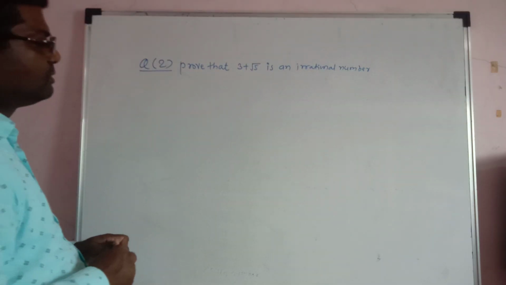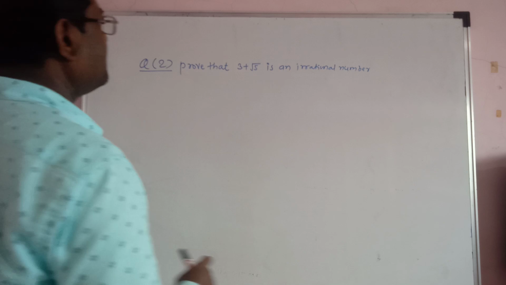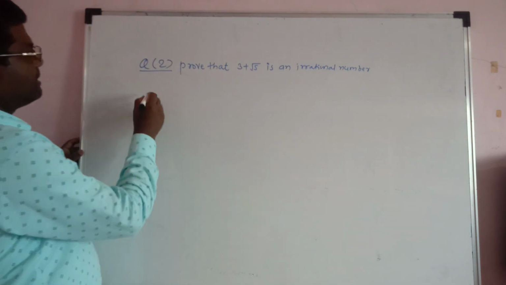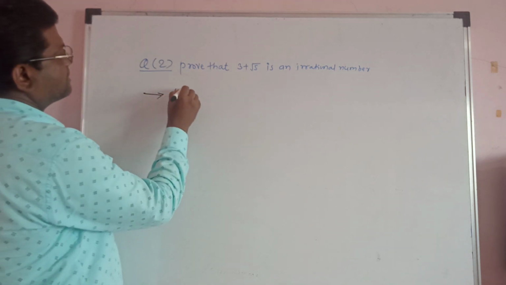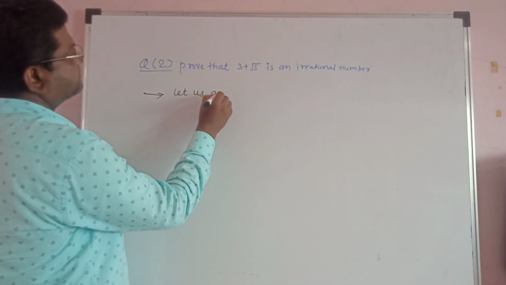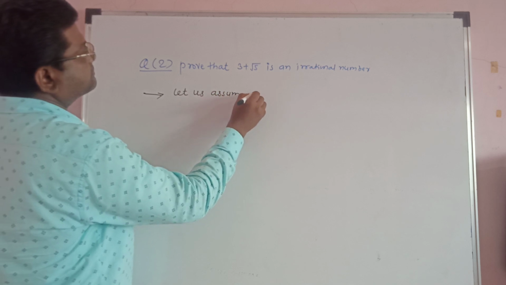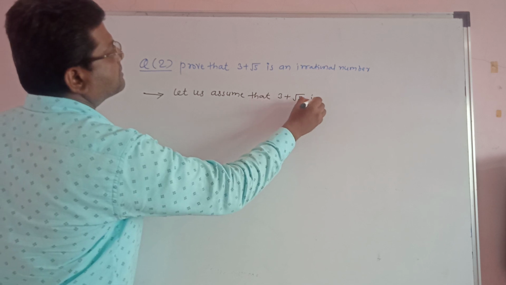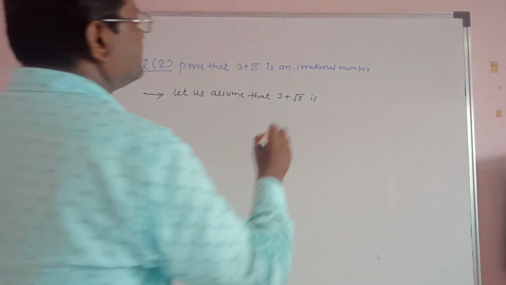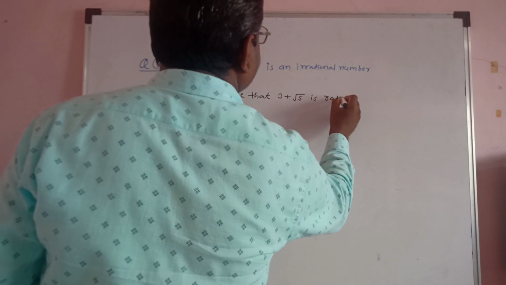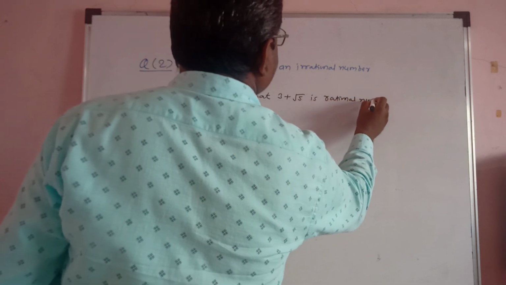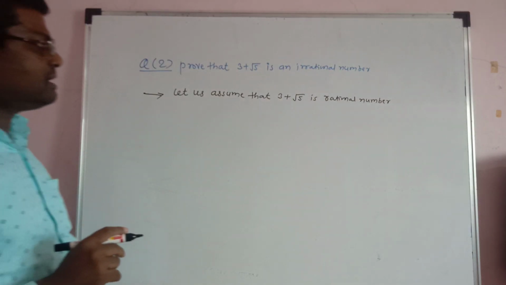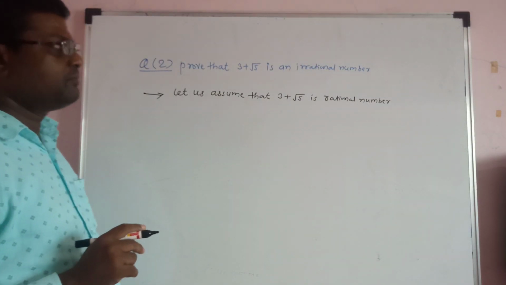Now question number 2. Prove that 3 plus root 5 is an irrational number. Let us solve this example. Let us assume that 3 plus root 5 is a rational number. We know that any rational number can be represented in the form of p upon q.